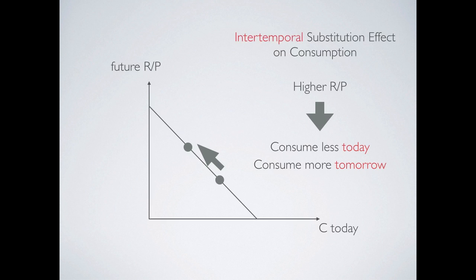We call this kind of change of consumption an intertemporal substitution effect on consumption. So it is the substitution effect of substituting today's consumption for tomorrow's consumption. And it is intertemporal because it involves two periods of decision choices. So we always have to remember the term intertemporal substitution effect, and we'll use this term constantly in the future.